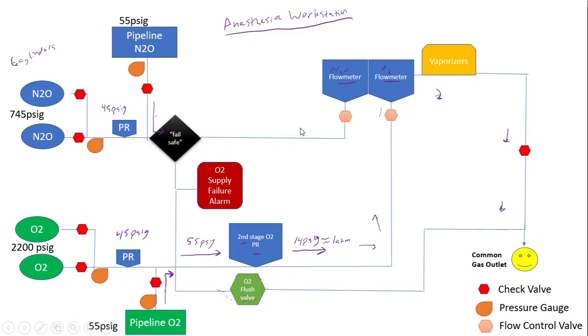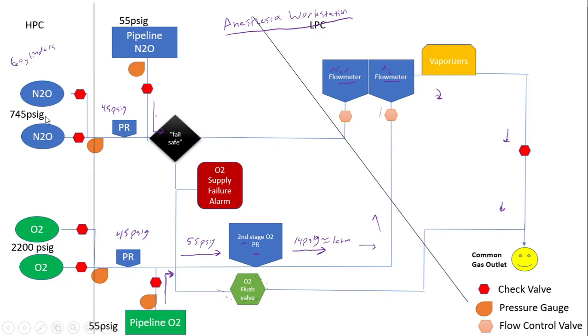As you can see here, we have varying stages of different pressures of gas throughout this workstation. We can divide them into high pressure circuit, low pressure circuit, and intermediate pressure circuits. Our low pressure circuit is where our pressure is around 14 psig, and that is towards our patient. That keeps it friendly for our patient's lungs.